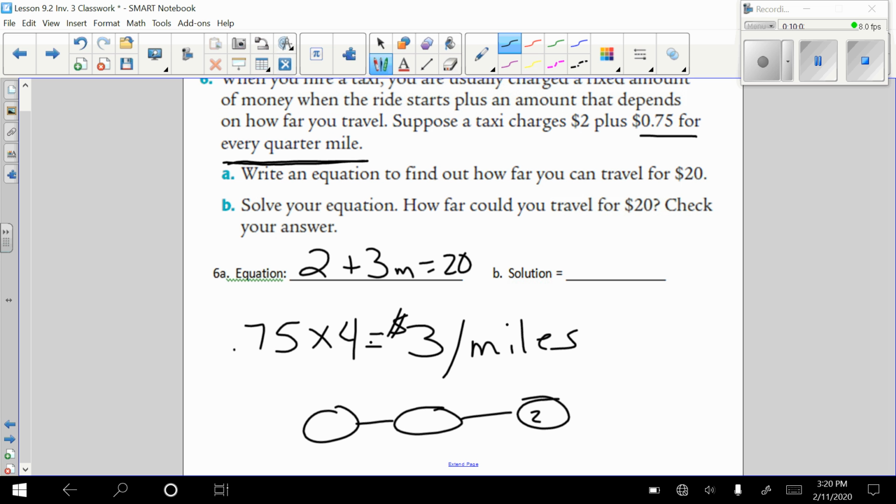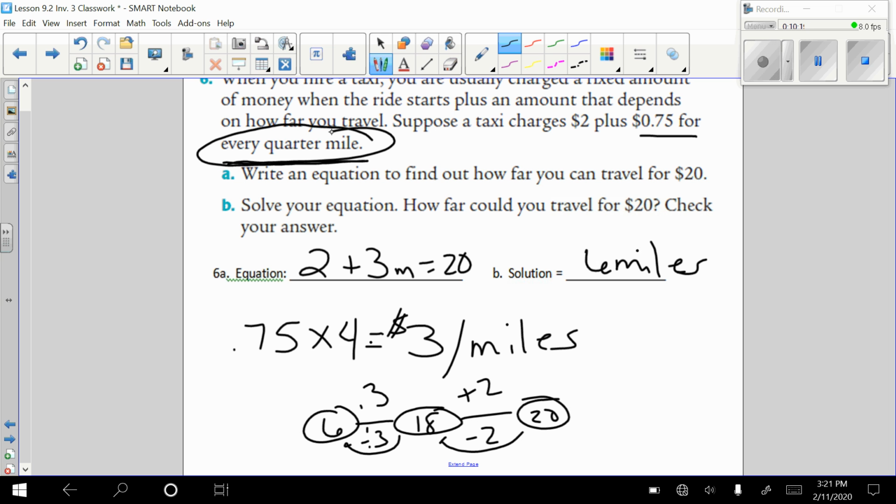All right, I want to get to $20. I multiplied by 3 first, then I added 2. Undo it. Subtract 2, get to 18, and then divide by 3. I went 6 miles. Make sure we're looking for these key things. This is how they try to trick us, by putting in that quarter mile. So pay attention to that when reading the problems.